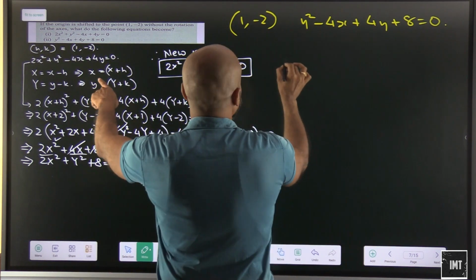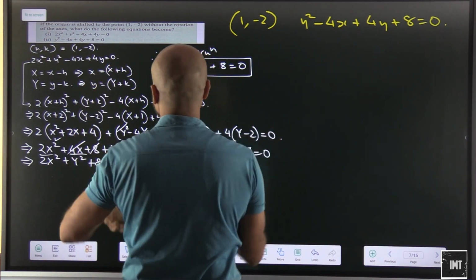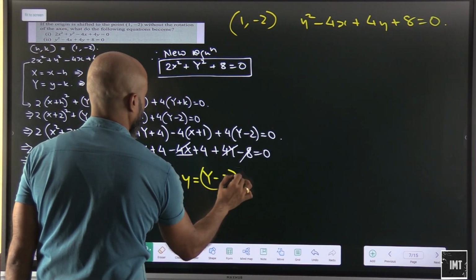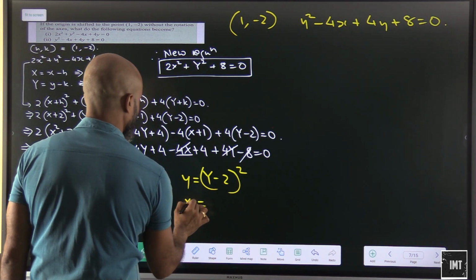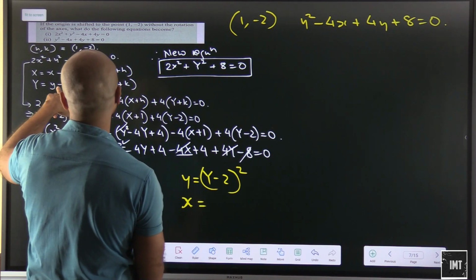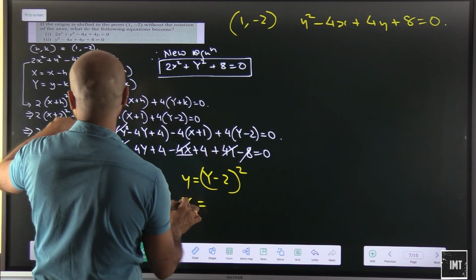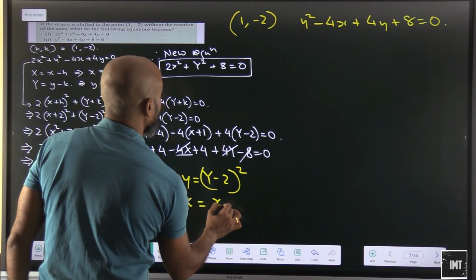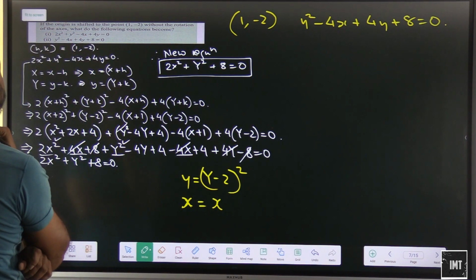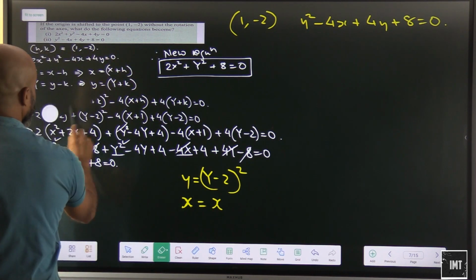So again we have x plus h, and y will be equal to Y minus 2 square, and x, the original x, will be equal to X plus h. Are we going wrong somewhere? Oh, I have done it wrong. I am so sorry, this was taken as wrong.